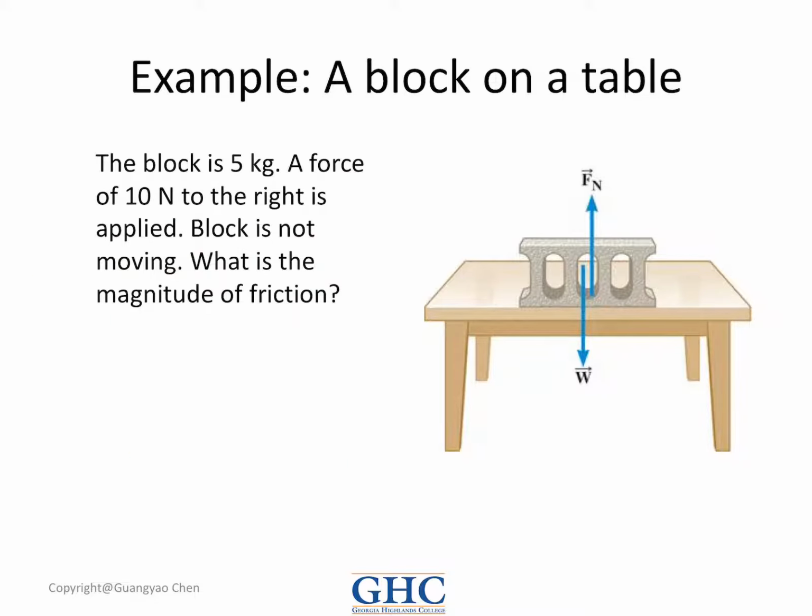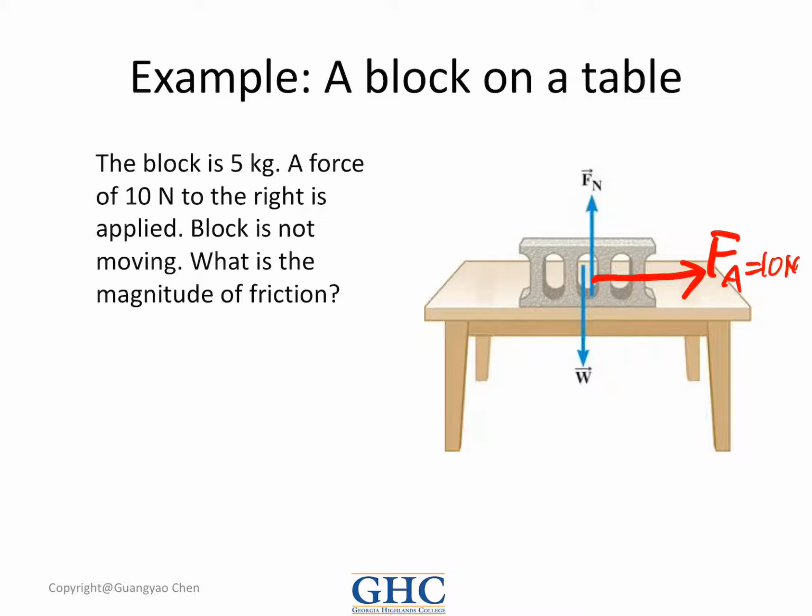Now let's say a little bit more complicated. Now you still put the block on the table. You apply a force to the right, and the force applied is 10 newtons.